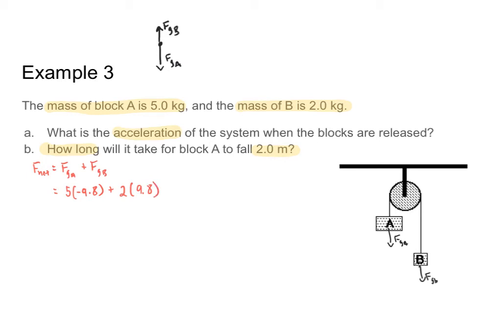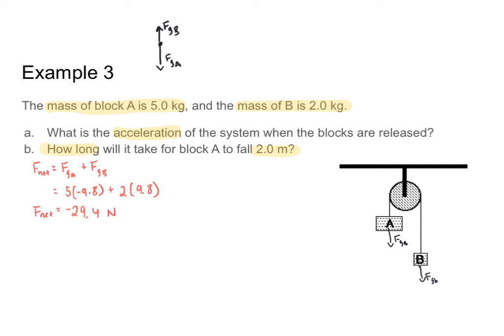And I'm flipping that negative and that positive because A is accelerating down and the force of B is pulling up. So that's just how I'm representing my directions. And what that's going to give me is that my net force is negative 29.4 newtons.